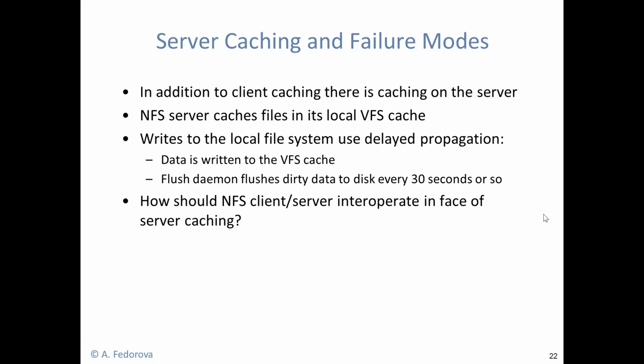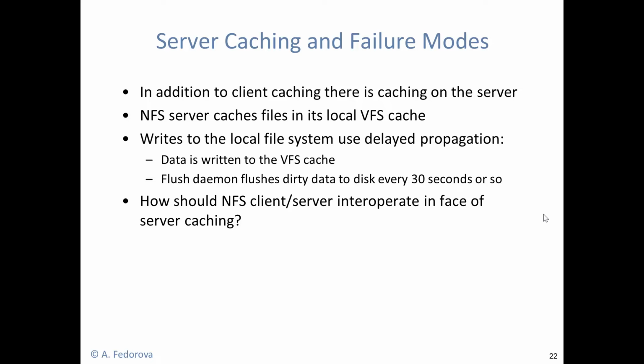So writes to the local file system essentially also use delayed propagation. So let's say that the client modifies a portion of the file and sends the data to the server.